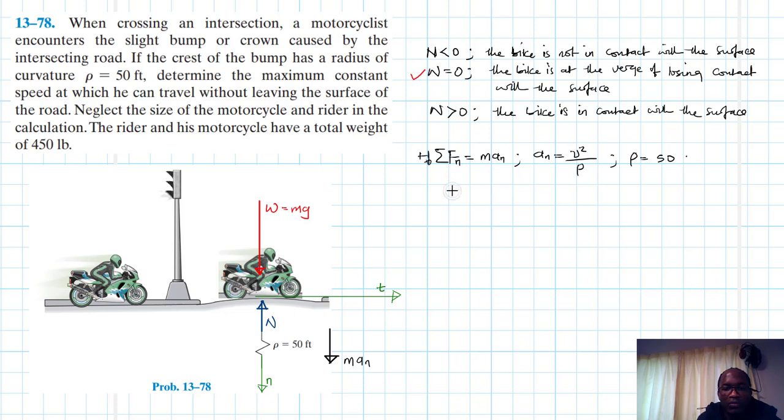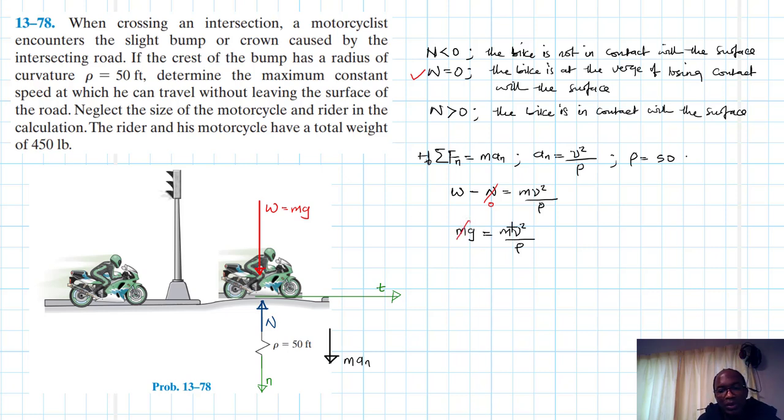So we have W minus N equal to m v squared divided by rho, but we are saying N is supposed to be 0. Therefore, we have mg equal to m v squared divided by rho.